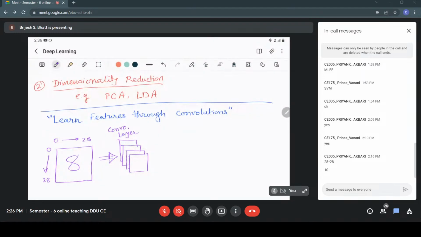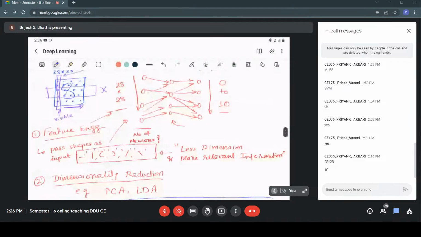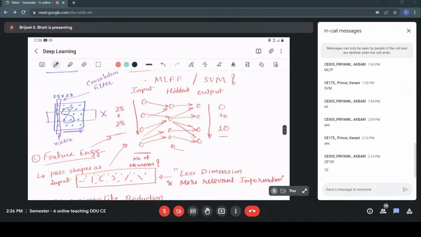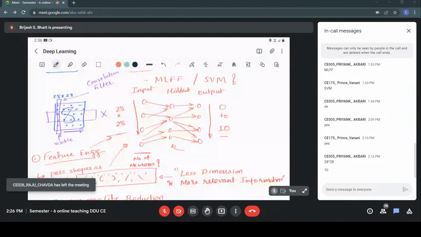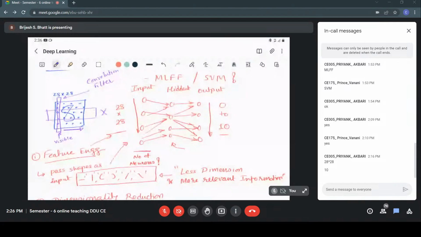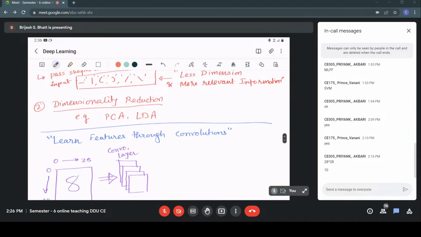Every filter means a specific feature, right? A horizontal filter might be looking for a horizontal line, and a vertical filter might be looking for a vertical line. Similarly, you can have a filter for C shape, a filter for D shape, and so on.